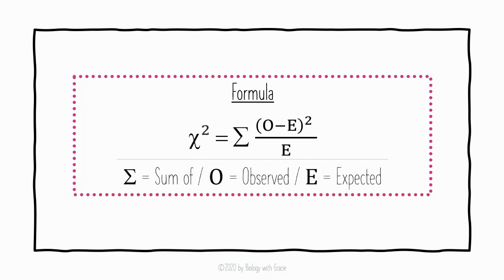So chi-squared equals sum of, and then O represents the observed results and E represents the expected results. So we have chi-squared equals the sum of observed minus expected results squared divided by the expected result. And don't worry, you'll be given this formula in the exam if it is necessary to be used. So you don't need to remember this, but it's definitely important to know how to use it.